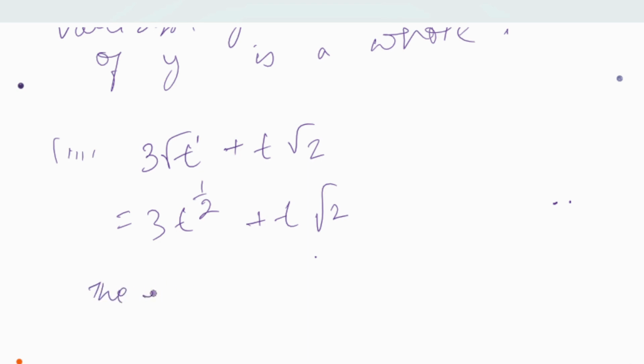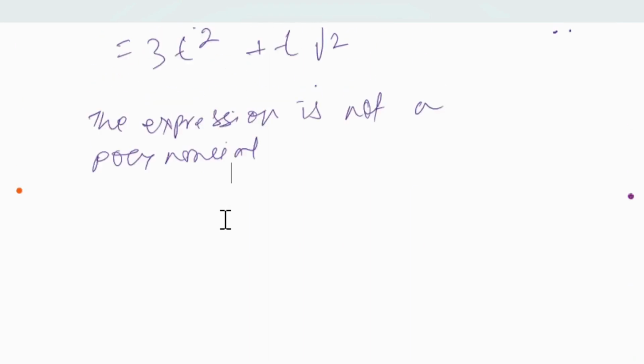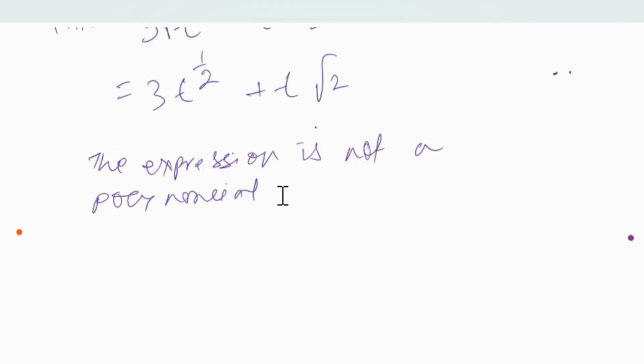The expression is not a polynomial. Why?